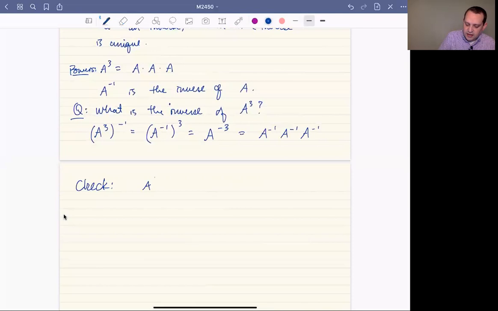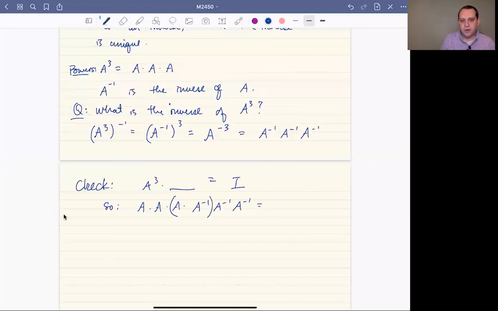If I were to take A cubed, I want to figure out what's the matrix so that when we multiply A cubed by that matrix, we get the identity. And it turns out that it's A inverse cubed. That's because if we were to multiply by A inverse, what we could do is group the inner two matrices together, and then we know that A times A inverse is the identity.